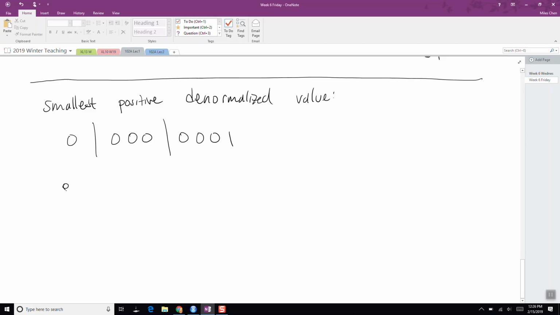Okay. So here my exponent will be 0 minus 2. So I have an exponent of negative 2. My mantissa becomes 0.0001 times 2 to the negative 2.